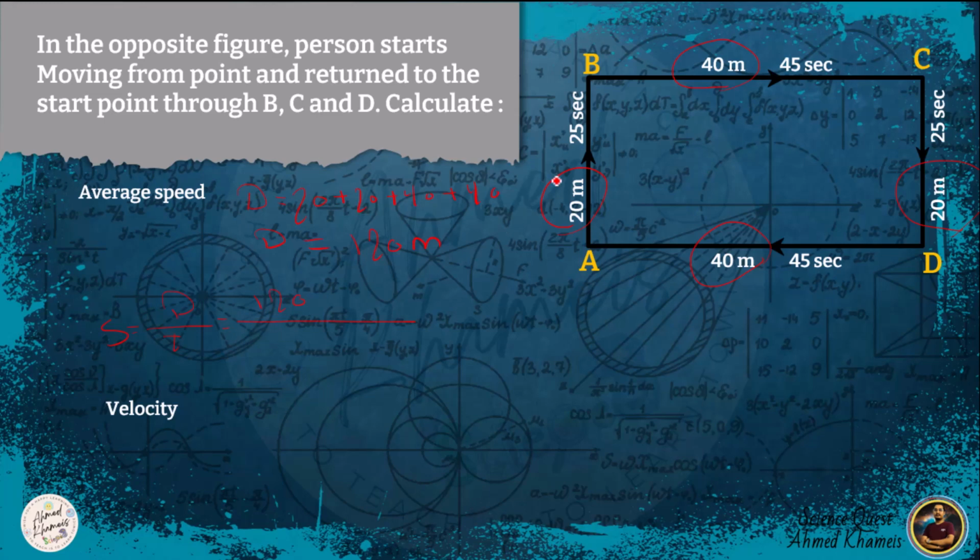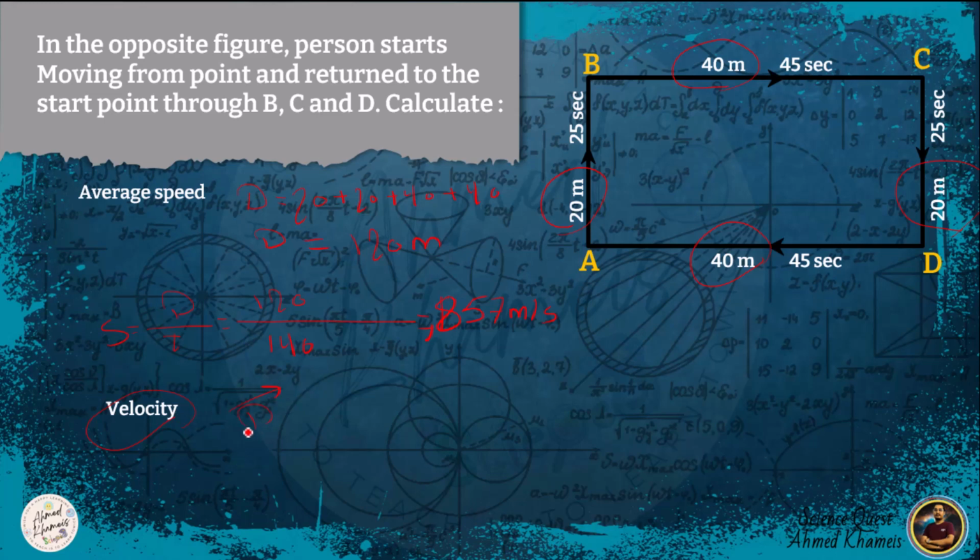So 120 meters over the time, which is 140 seconds. So the speed of the object equals 1.857 meters per second. And to calculate the velocity of the object, we need to calculate the displacement.